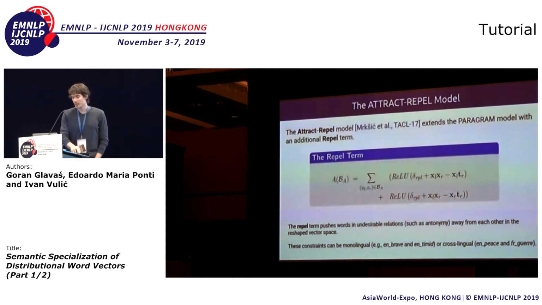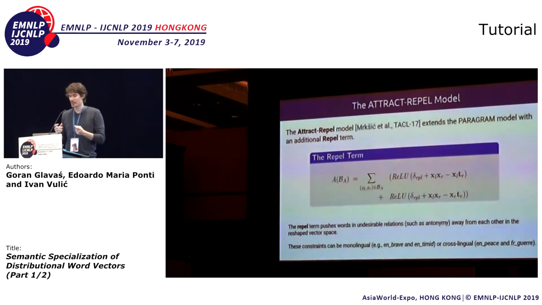Okay, so the Attract-Repel model is basically an extension of the paragram model, which, similar to counter-fitting, includes this Repel term where you want to get rid of your antonyms. And the idea is analogous to the Attract term.